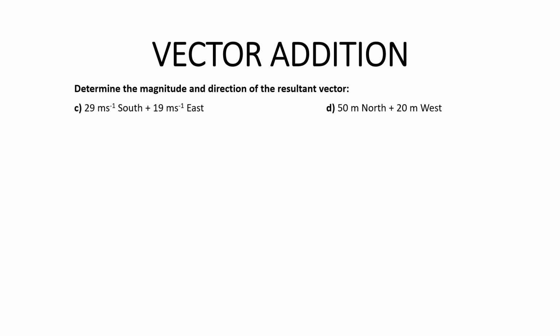Question C, 29 meters per second south plus 19 meters per second east. So we have 29 meters per second south and then we have 19 meters per second east.